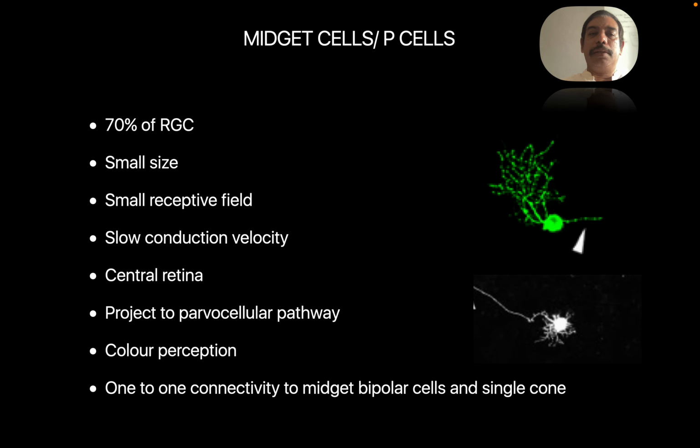The midget cells, also called P cells, form the maximum capacity. About 70% of the retinal ganglion cells are midget cells, which are small in size and have a small receptive field. It is represented in the central part of the retina and projects into the parvocellular pathway, which is important for color perception.